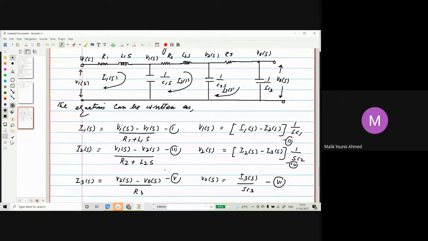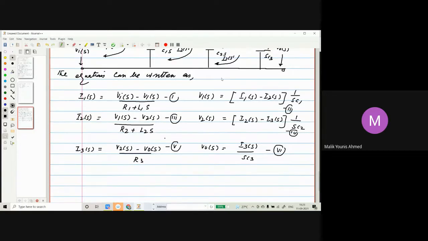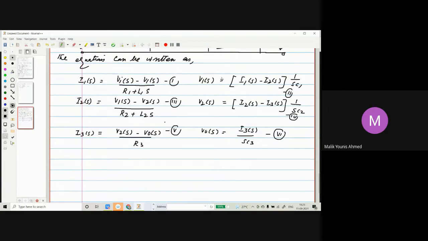6. So in order to satisfy these equations, I need to draw the signal flow graph. So how do I have to draw it? You can see.